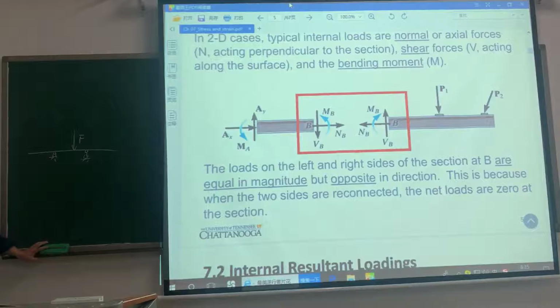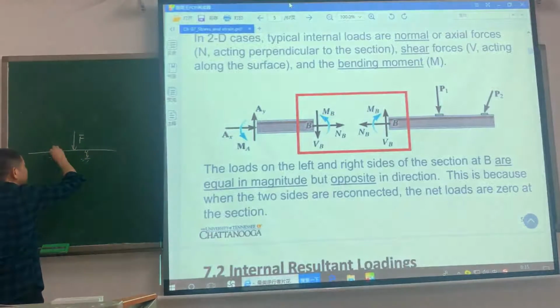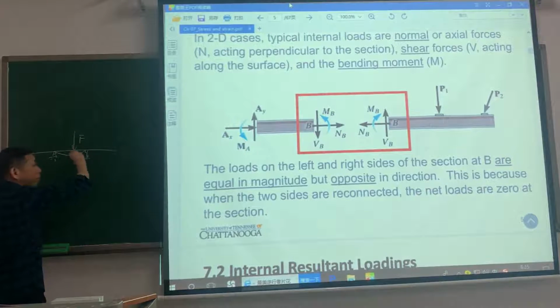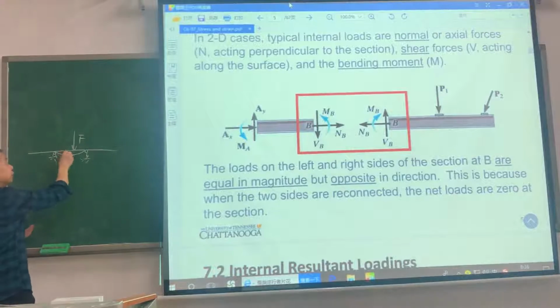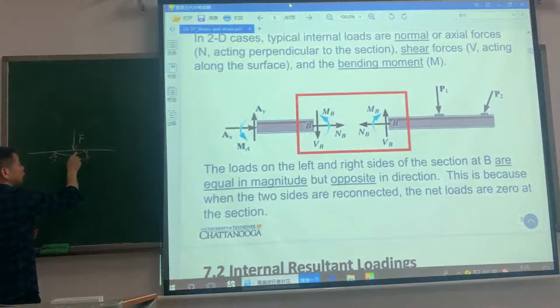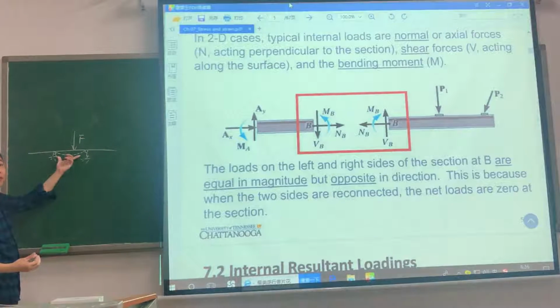Easy example, right? In the middle part, it will be bent, because there are moments in every section of the middle part.